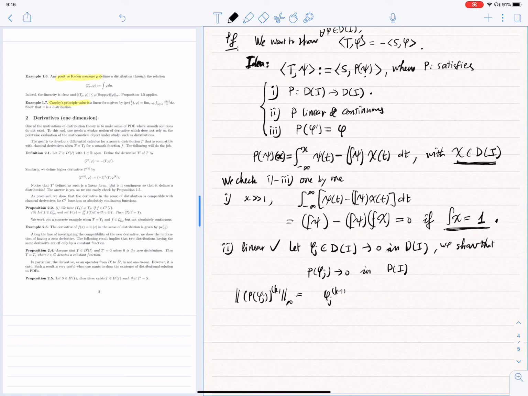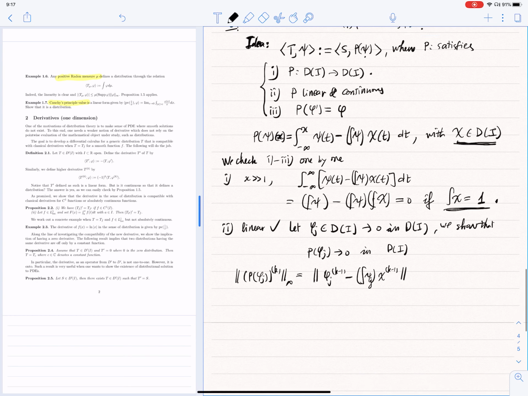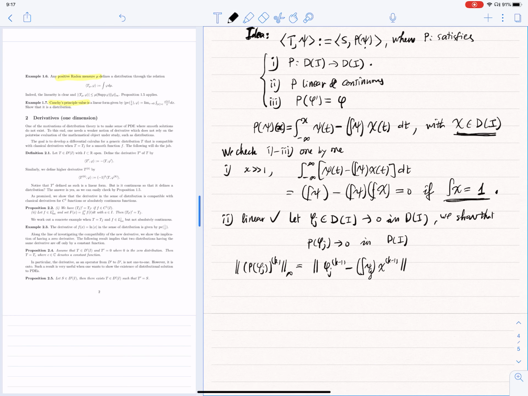So minus this constant times, again, chi's (k minus 1)-th derivative. And we can show that this goes to 0.